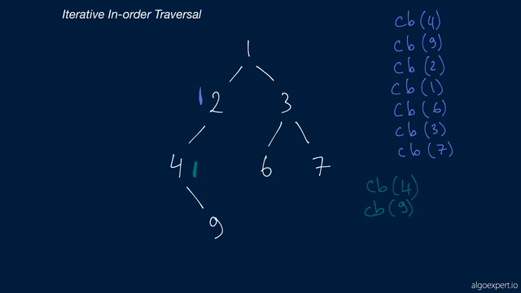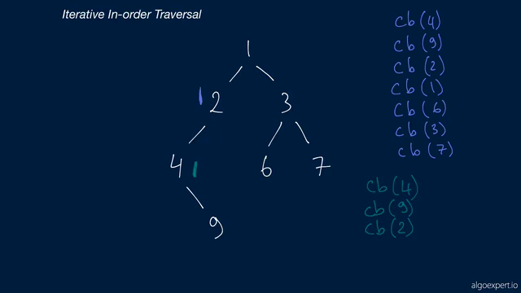Okay? And so now, because our current node is 2, and because our previous node, 4, happens to be our left child node, we know that we're coming back up from the left, right? We're coming back up from the left, which is exactly that scenario with this arrow that I drew earlier. So because we're coming back up from the left, we're going to call our callback on ourselves. So we're going to call callback of 2, okay?